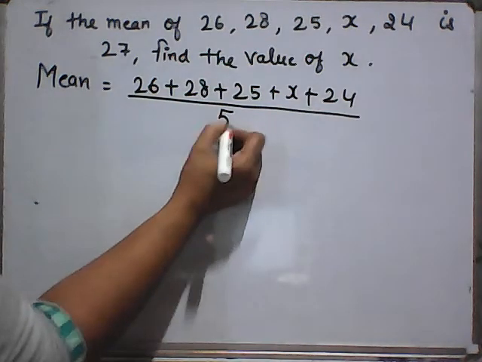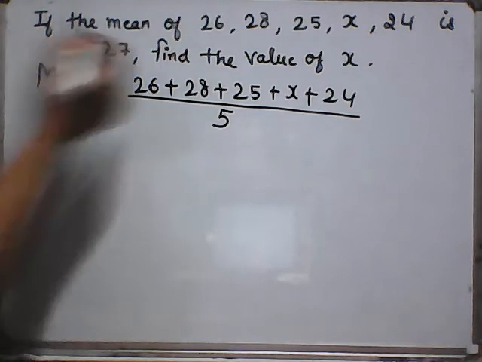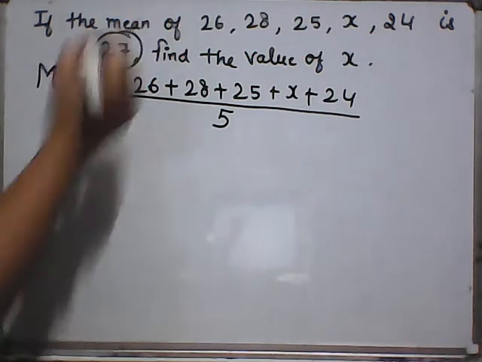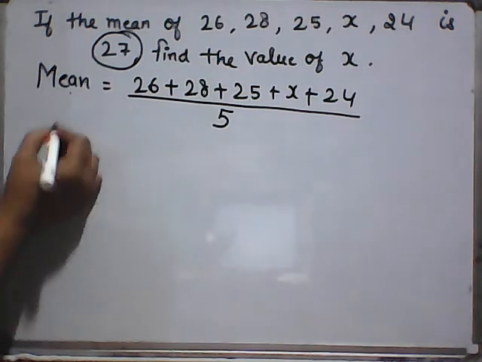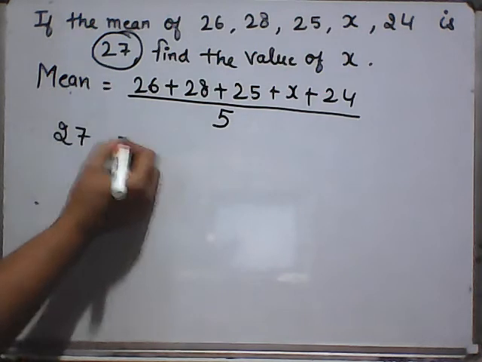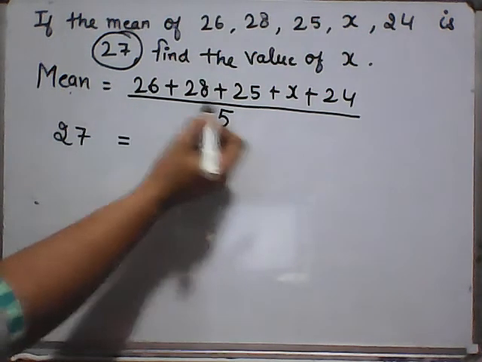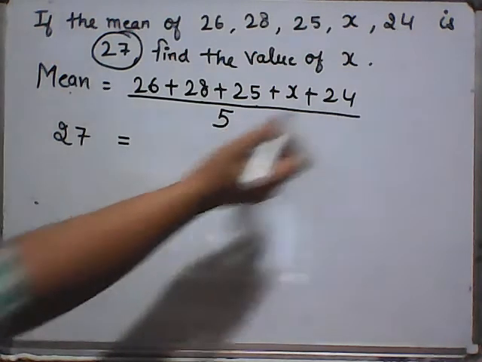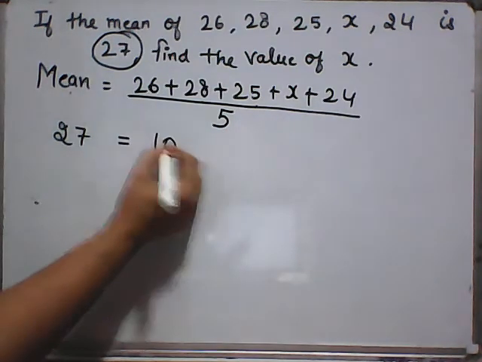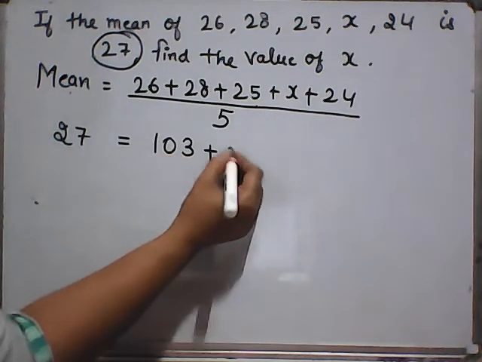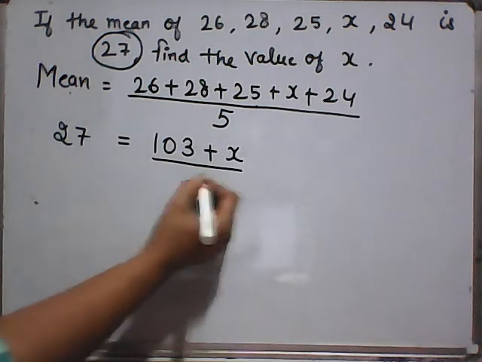We have 5 observations. Now mean is given to you, 27. So put the value of mean: 27 is equal to 26 plus 28 plus 25 plus 24, which becomes 103 plus x. You have to find the value of x.